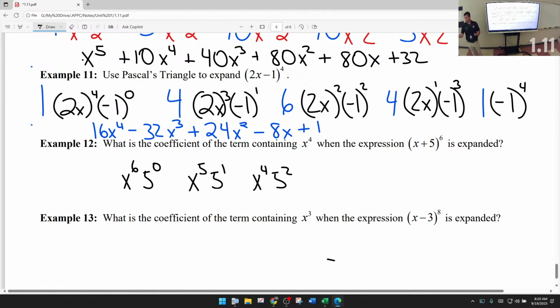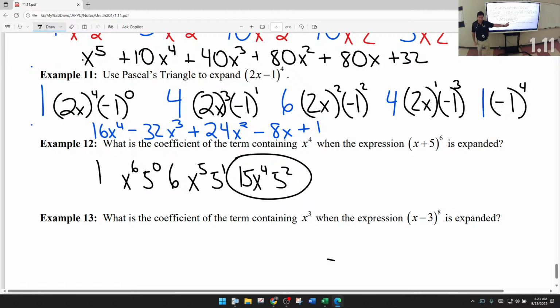You guys are smart. You probably can skip this and just go to here. But I need the triangle coefficient, right? And so this is a 6 degree. So I got to go my little 6, and it goes 1, 6, 15. Okay? They want the coefficient.